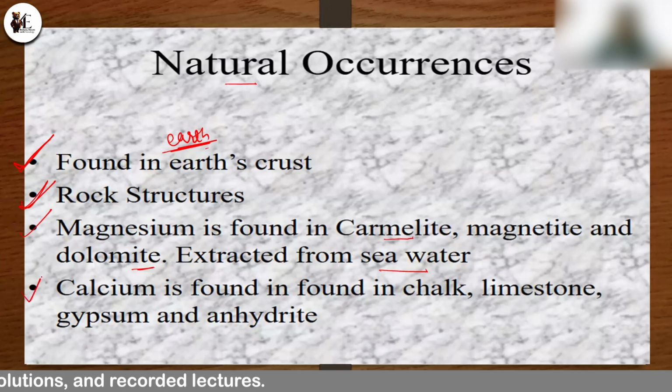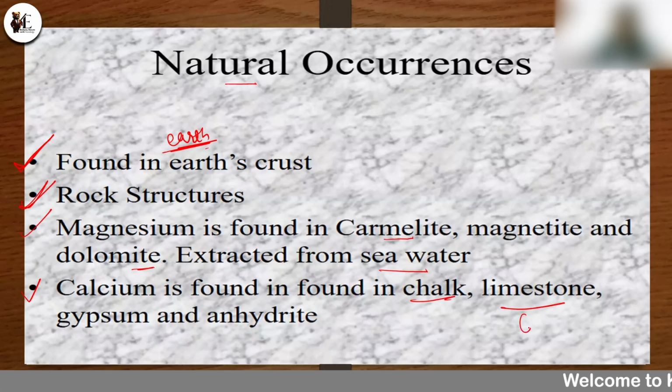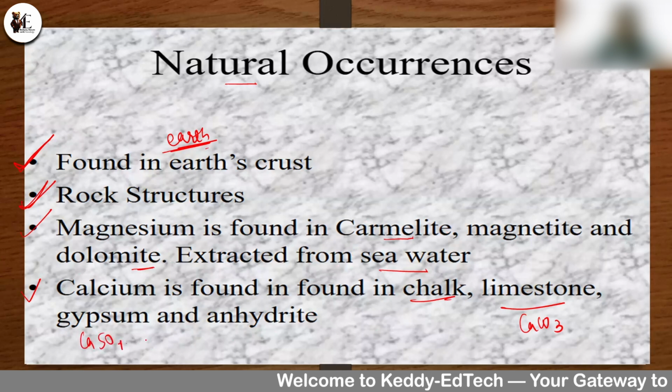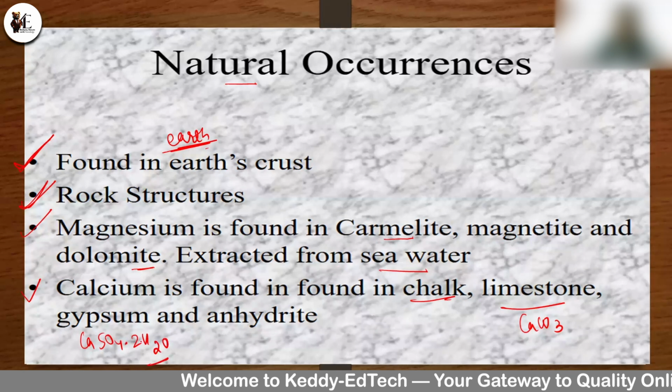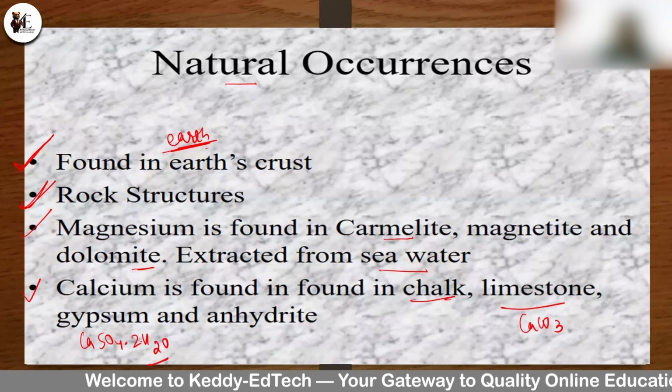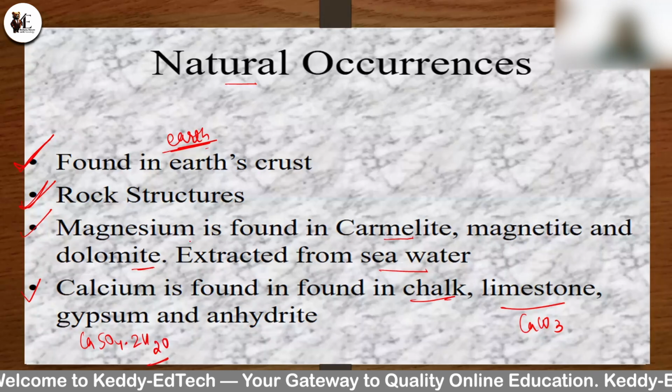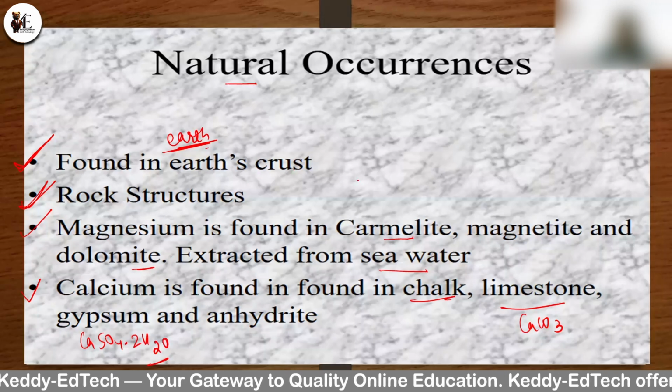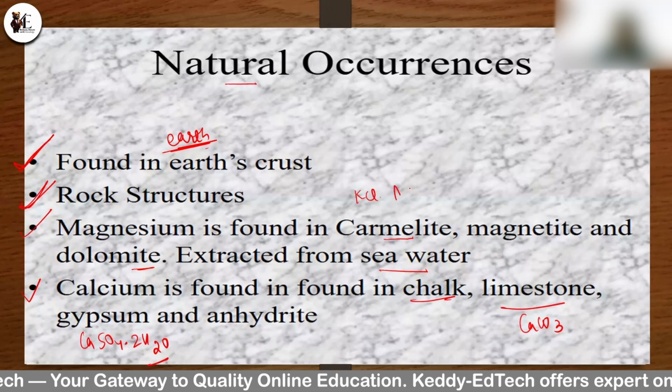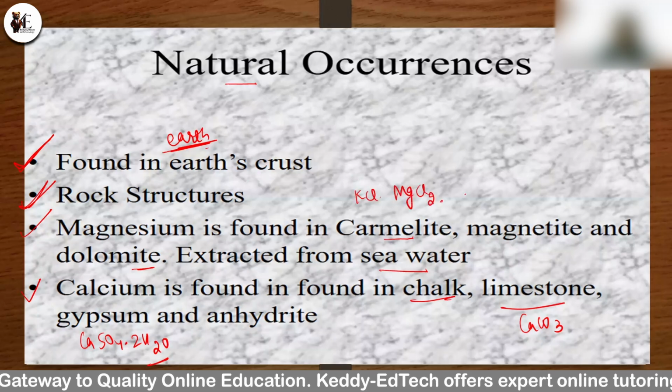Calcium is found in chalk, limestone, gypsum, and anhydrite. The formula for limestone is calcium carbonate. The formula for gypsum is calcium sulfate, CaSO4.2H2O. You do not have to remember the formulas of these, but see that magnesium is also present in carnallite.